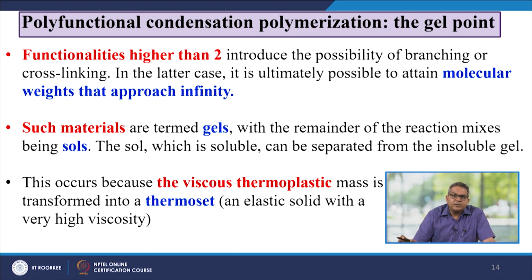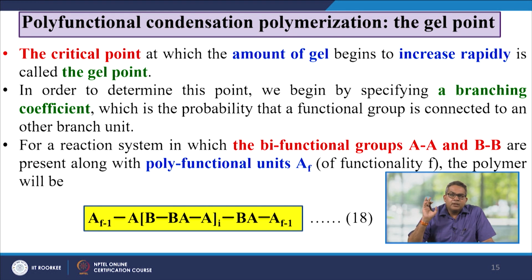Such material is termed gel, with the remainder of the reaction mixture being the sol, which is soluble and can be separated from the insoluble gel. This occurs because the viscous thermoplastic mass is transformed into an elastic solid with a very high viscosity. The critical point at which the amount of gel begins to increase rapidly is called the gel point.